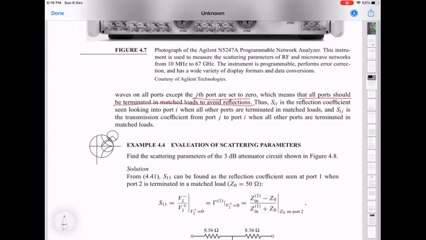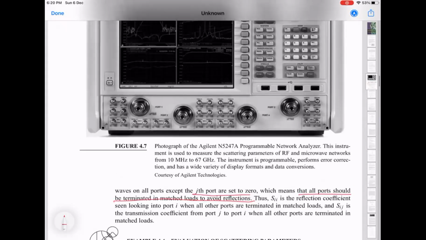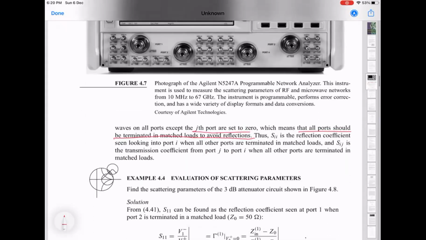This is very important when you're measuring this using a real instrument, which is the network analyzer. There's an image of that. We will discuss this a little more later today and in a lot more detail in a later lecture.